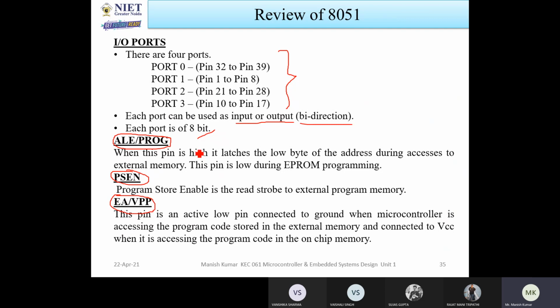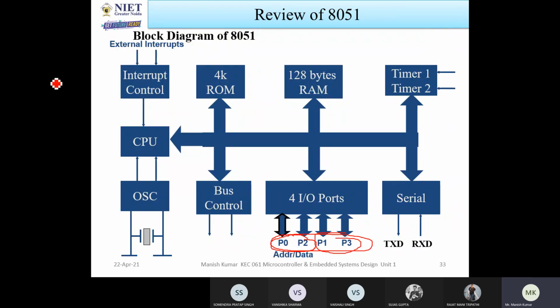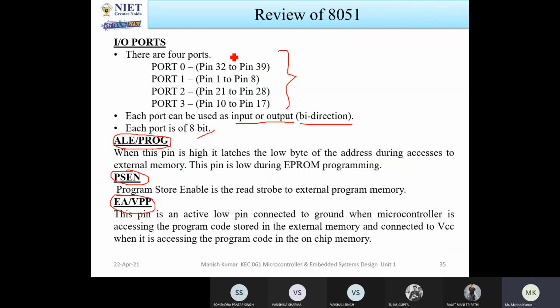So what will happen? The ALE is used when you use a programmable memory. Let us consider, in the block diagram, you can see how much RAM and ROM there is, 4 kilobyte. If you want to write programs, you need extra memory.